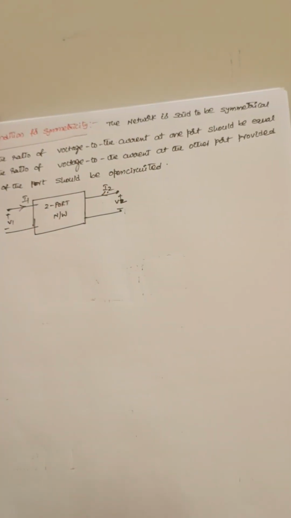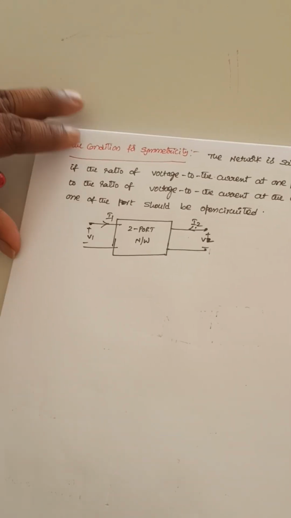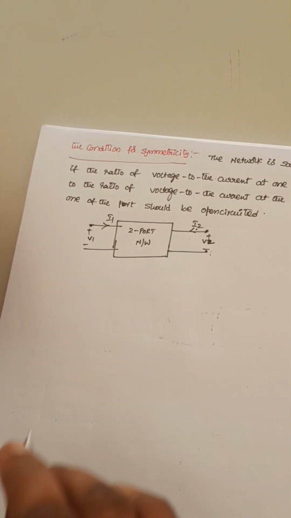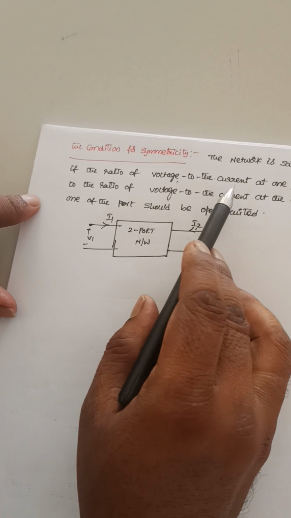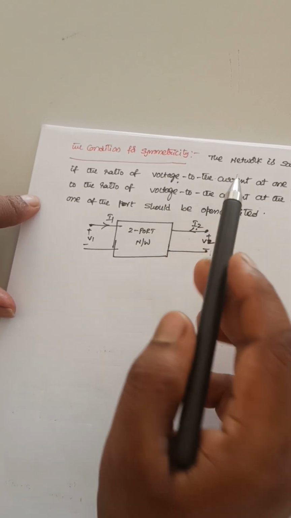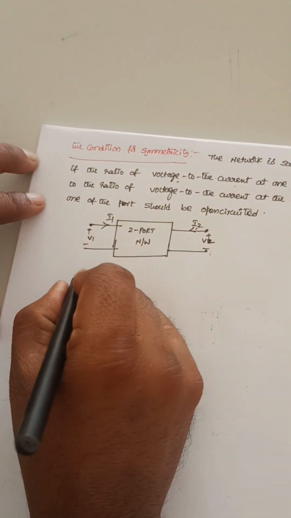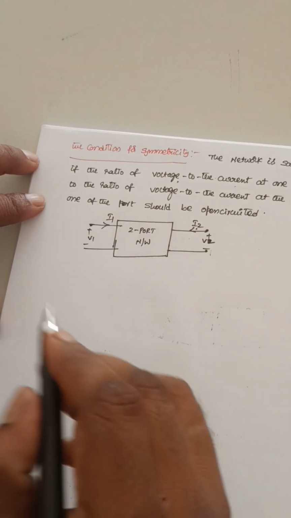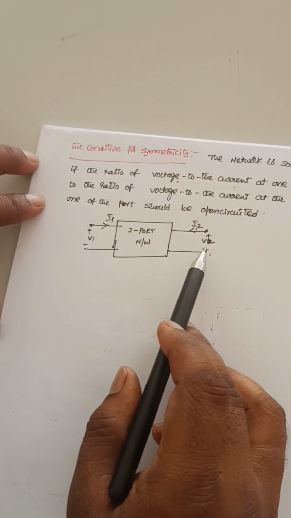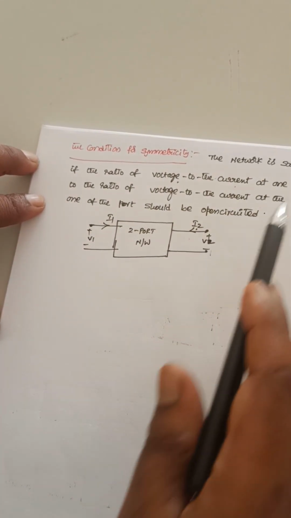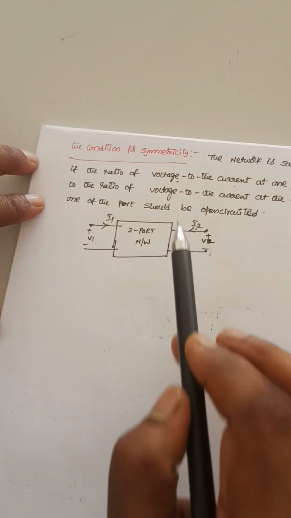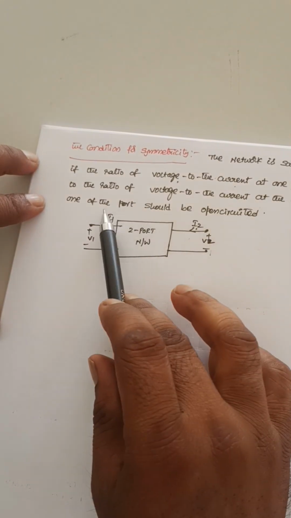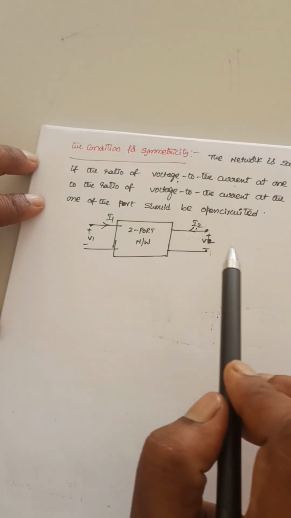In this two-port network, the ratio of voltage to the current or excitation to the response at one port, that is V1 by I1, should be equal to the ratio of voltage to the current at the other port, that is V2 by I2, provided one of the ports is open circuited.